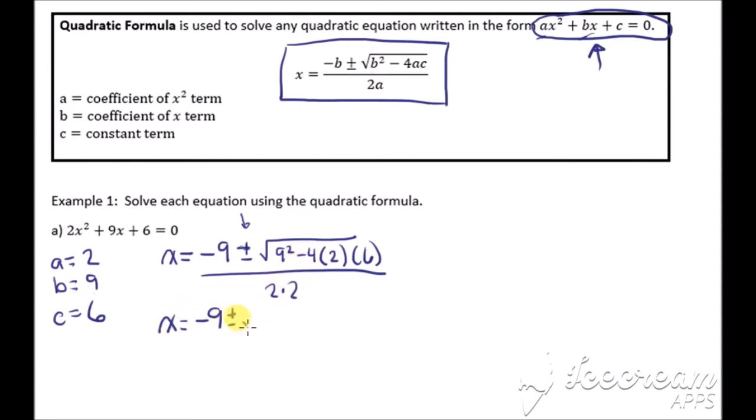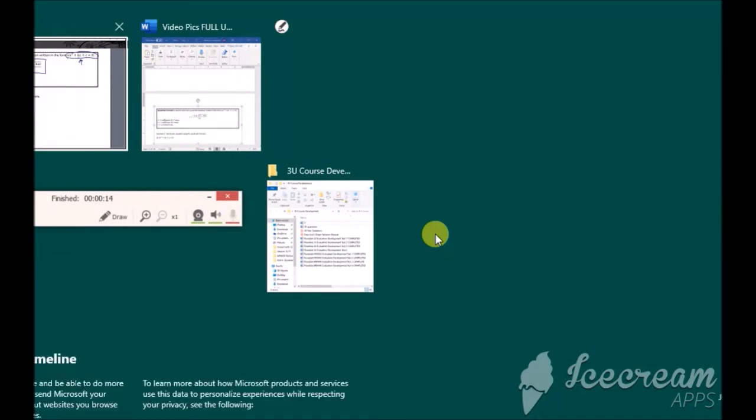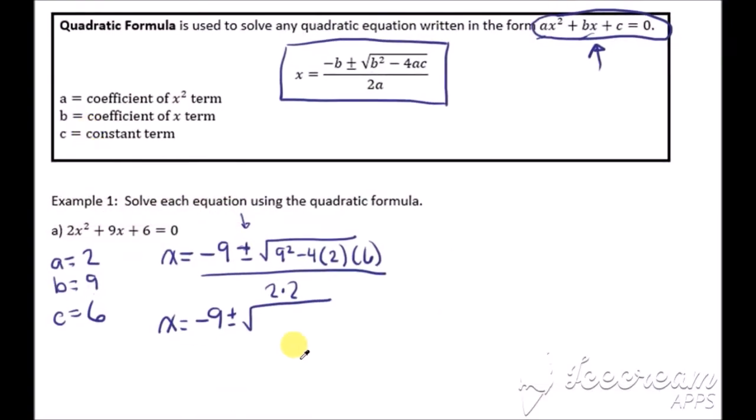So on the first step, what I usually do is I just take my calculator and I go 9 squared minus 4ac. Don't forget the negative signs here. Biggest mistake students do. So 33. And then that's over 2 times 2, which is 4.